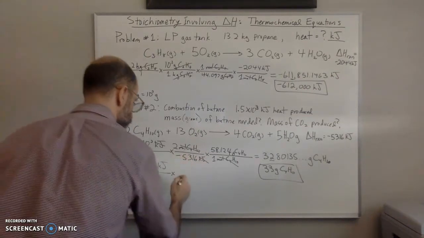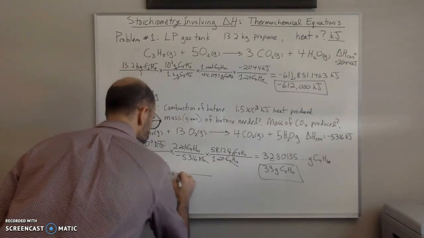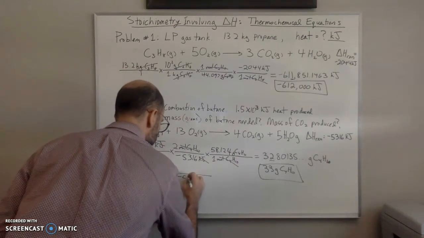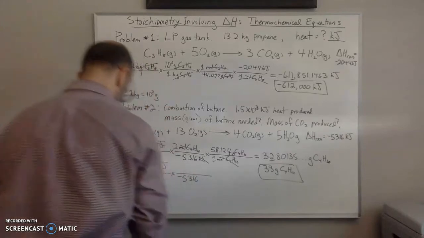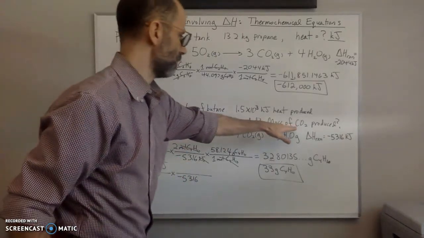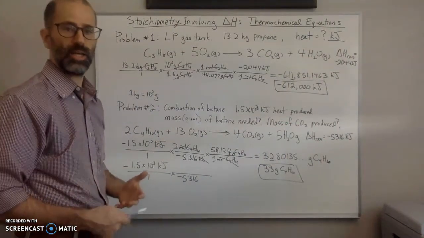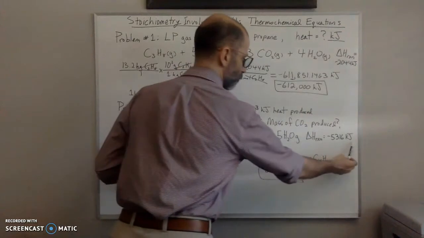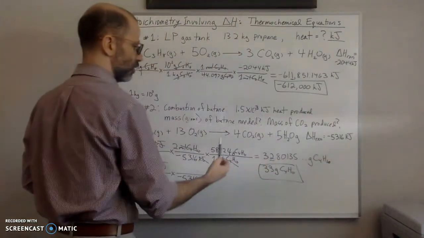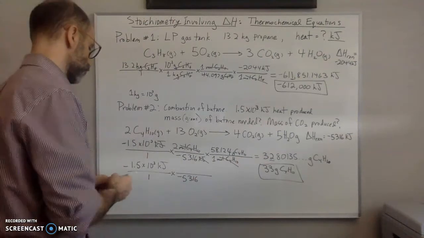Use the same conversion factor, but in this case, instead of propane, they want mass of carbon dioxide. So I can convert directly to carbon dioxide using the ratio of this amount of kilojoules to 4 moles of carbon dioxide. So let's do that.